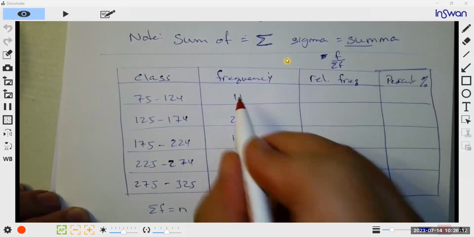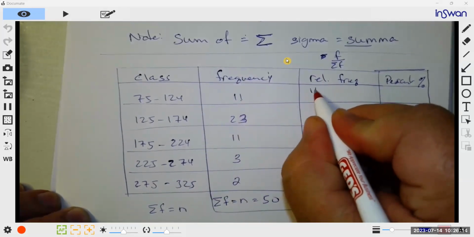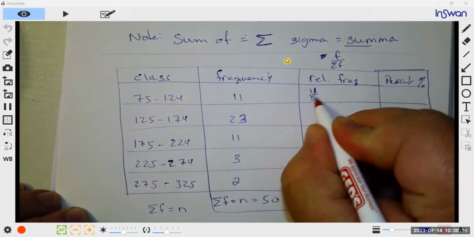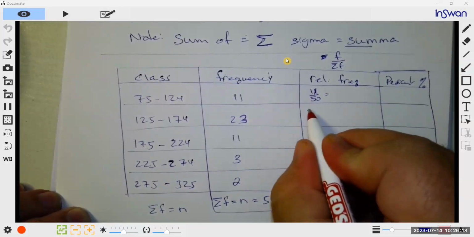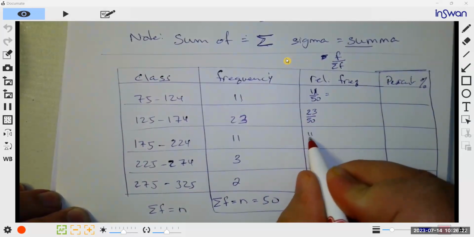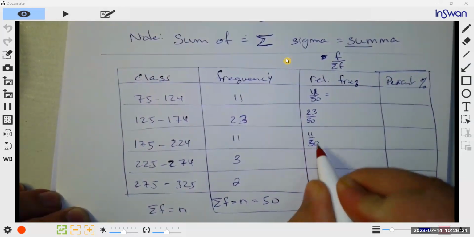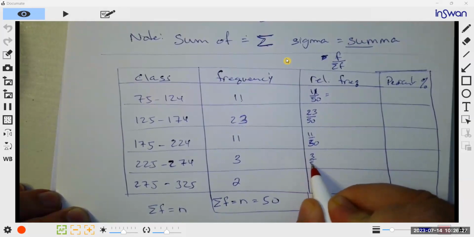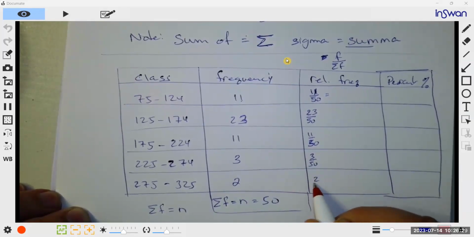So the frequency here, 11 divided by 50, 23 divided by 50, 11 divided by 50, 3 divided by 50, and 2 divided by 50.